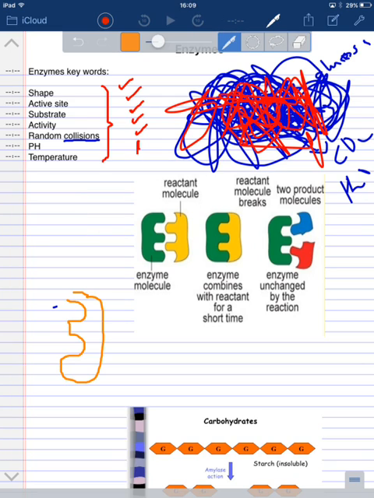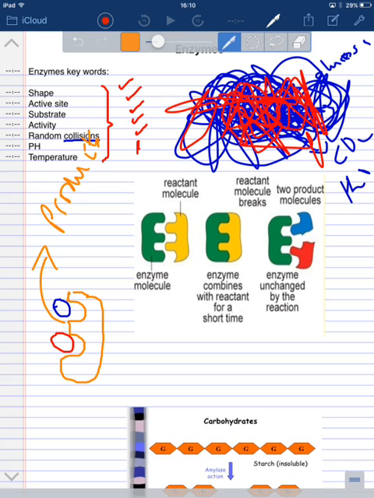So the oxygen is going to go in there, the glucose is going to go in here, and the enzyme is going to help the reaction happen by bringing them together, and we therefore get a reaction happening, and we get the products.